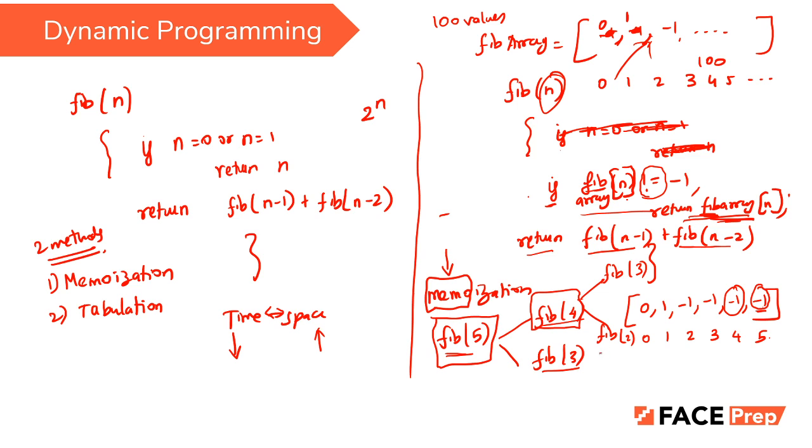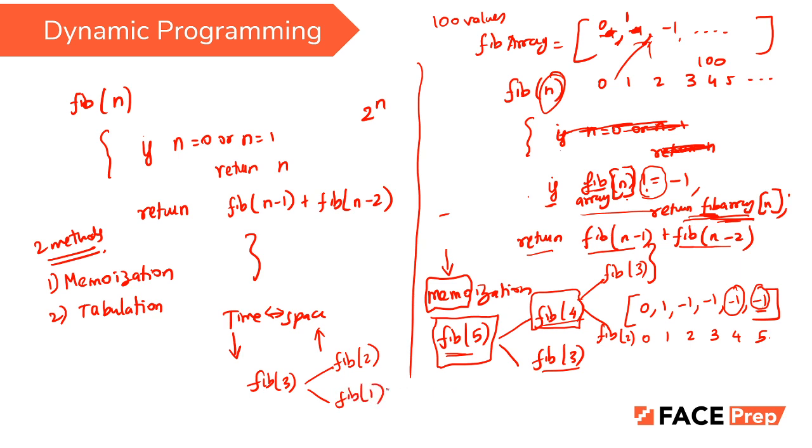Right? So basically we are saying that fib of 5 will call fib of 4 and fib of 3. Fib of 4 will in turn call fib of 3 and fib of 2, because so far we have not calculated anything. Right? So now let's start from fib of 3 here. Fib of 3 is again going to call fib of 2 and fib of 1.